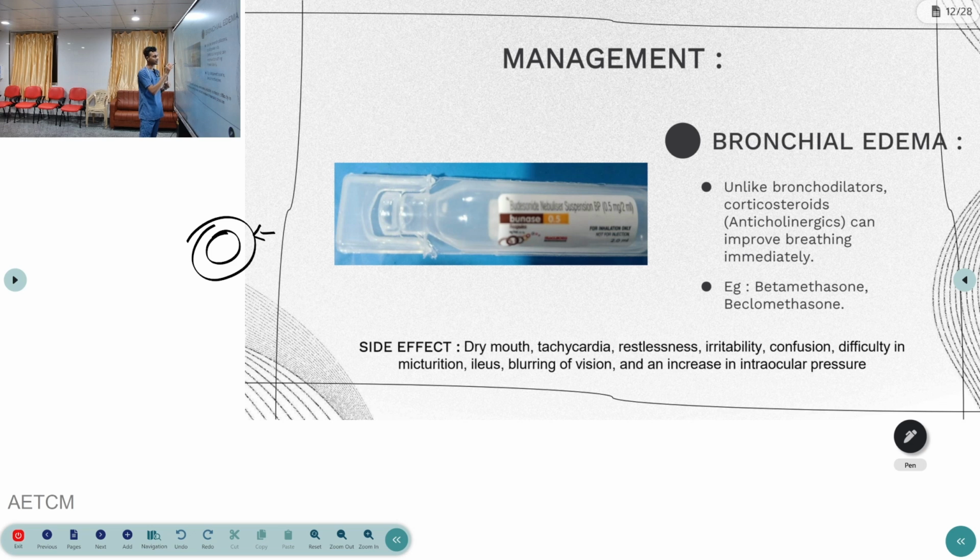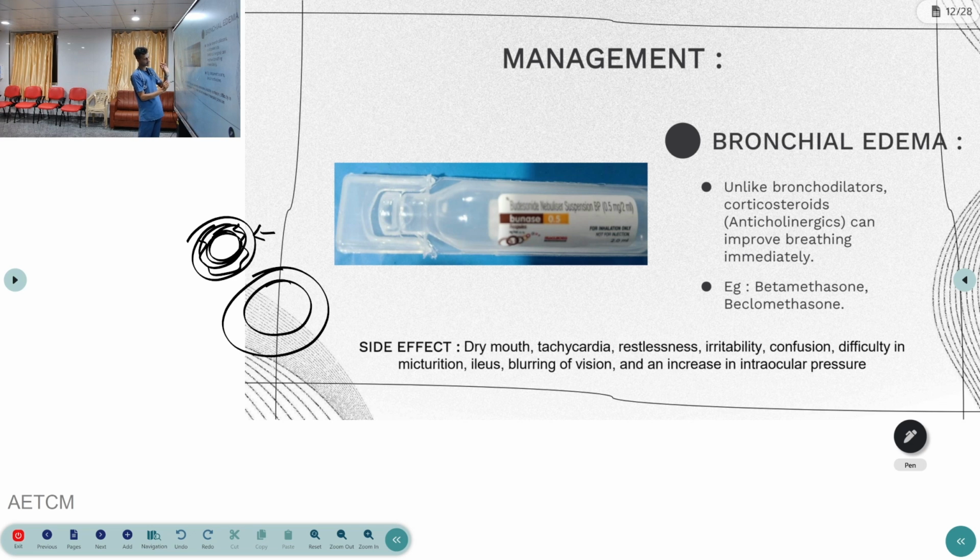Bronchial edema occurs mainly in the inner wall of the bronchus, which causes the inner lumen to narrow because of the swelling. So if you give a bronchodilator, it will dilate the bronchus, but the narrowed inner lumen will still remain because of the edema.